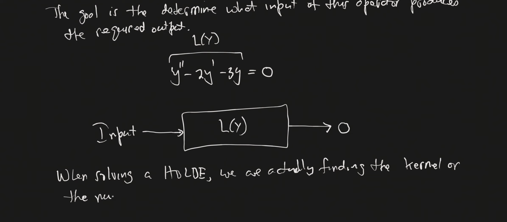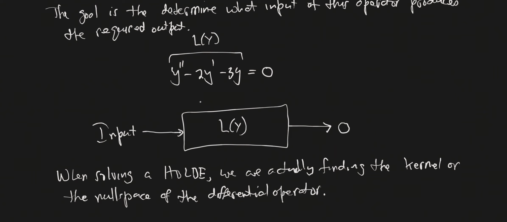So the kernel or the null space of our differential operator. And we have a method for that.